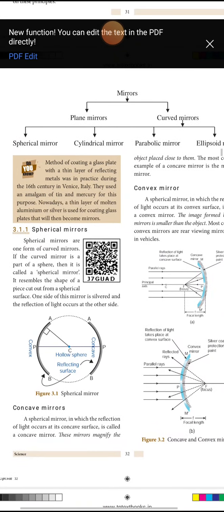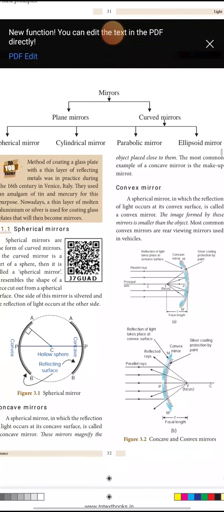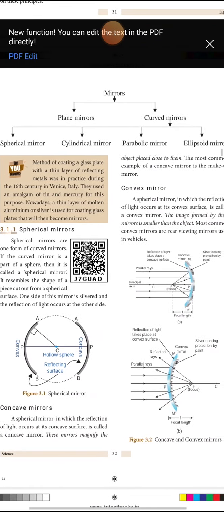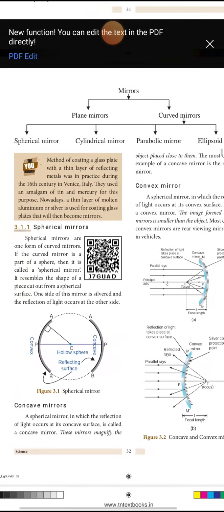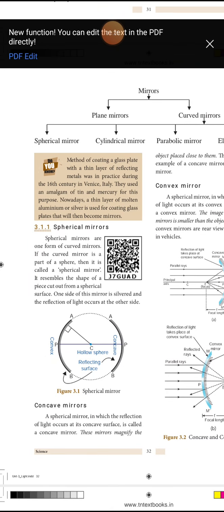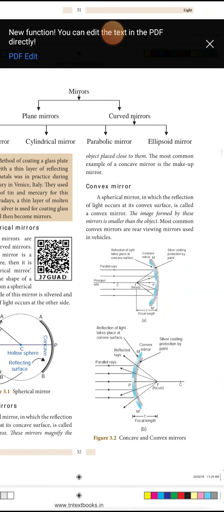Spherical, parabolic, cylindrical, and ellipsoid mirror. The types of mirror we are seeing are plane mirror and curved mirror. The curved mirror is divided into four types, that is spherical, cylindrical, parabolic, and ellipsoid mirrors.